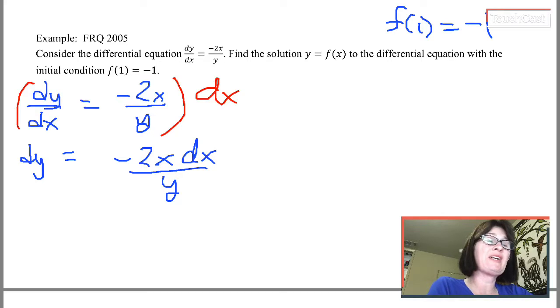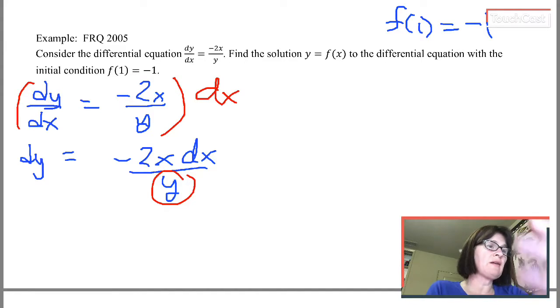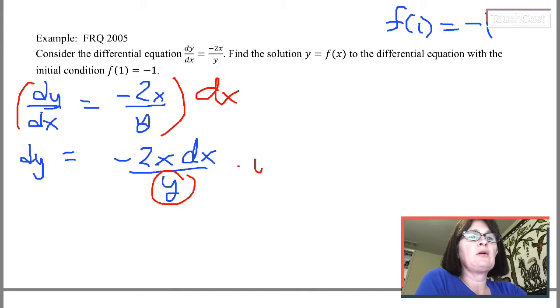So my next job, what could I do? This is the thought process I have to have. Right now I see y on my right-hand side of the equation, and I want to have no y's on the right. The y is in a denominator, so we're dividing by y. I have to ask myself what undoes dividing by y, and that's to multiply by y.